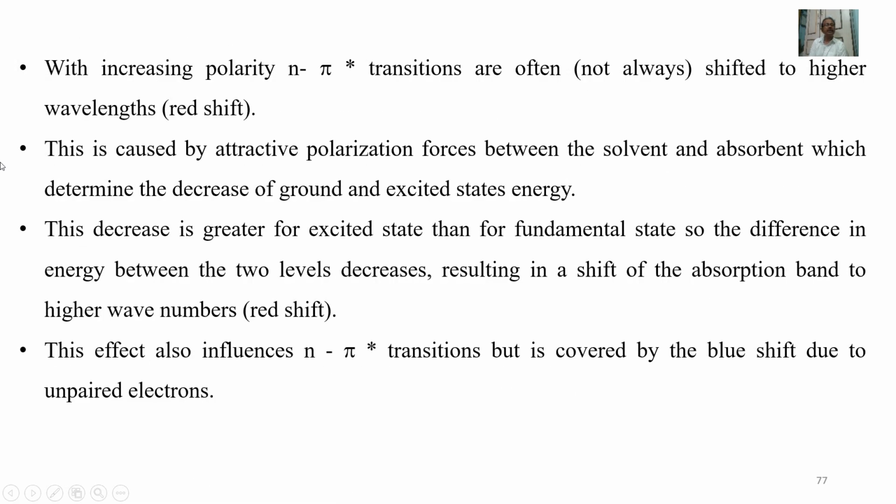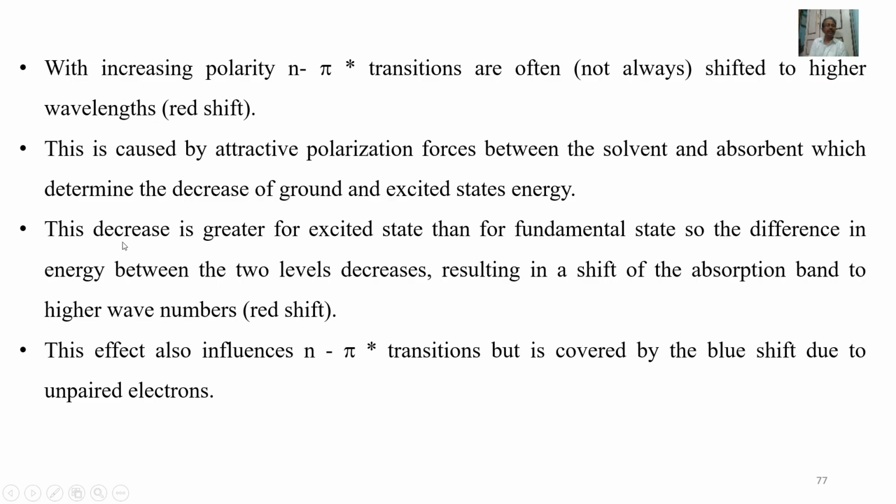With increasing polarity, pi to pi star transitions are often shifted to higher wavelengths. That's called the redshift. This is caused by attractive polarization forces between the solvent and the absorbent, which determine the decrease of the ground and the excited state's energy.